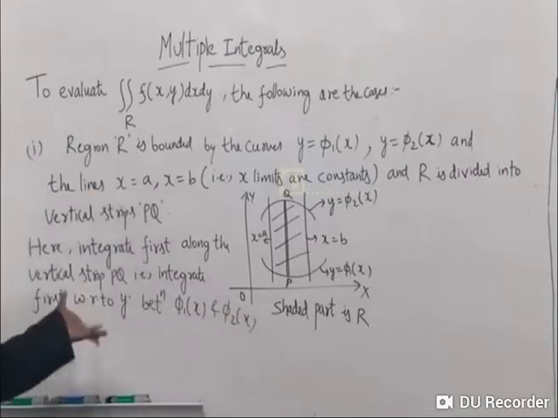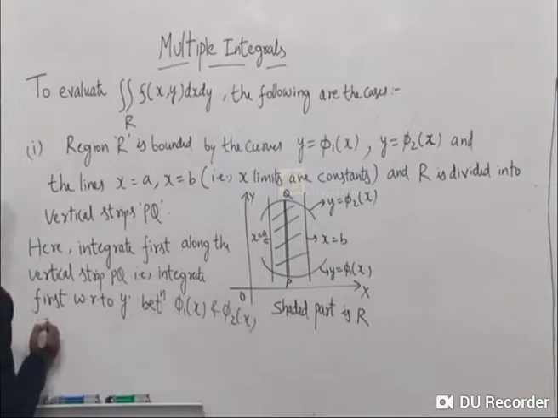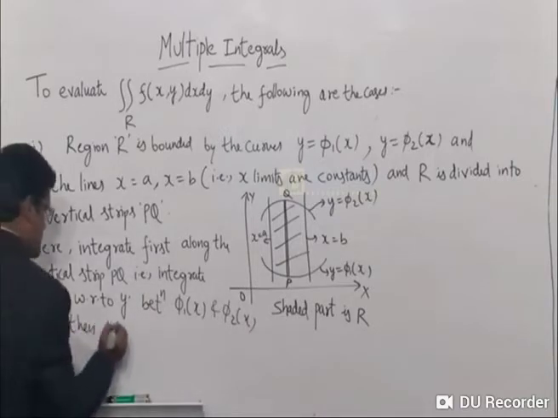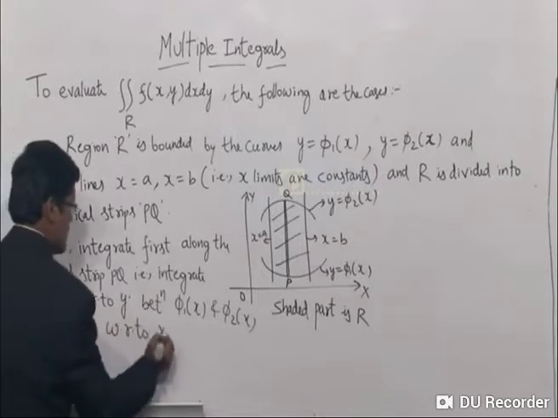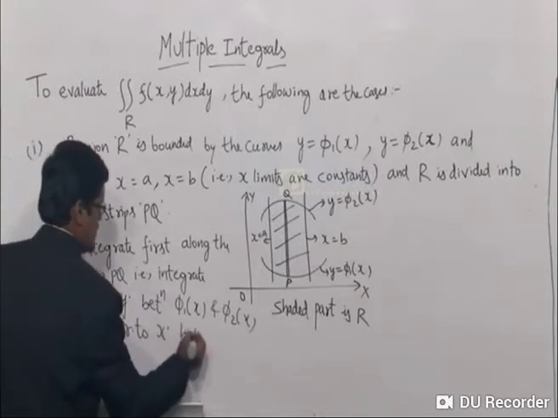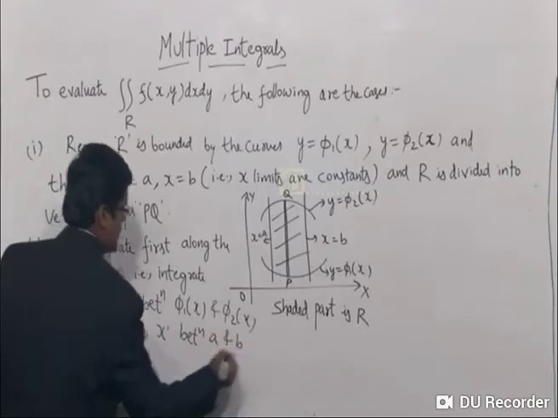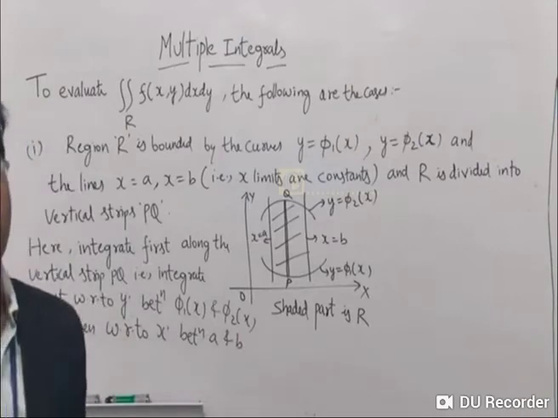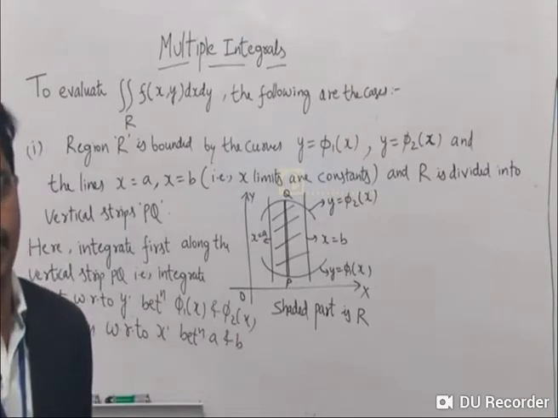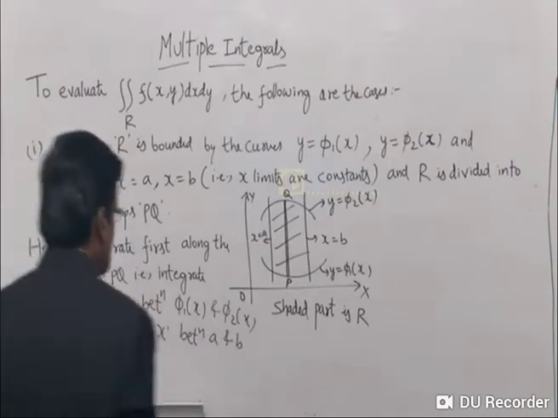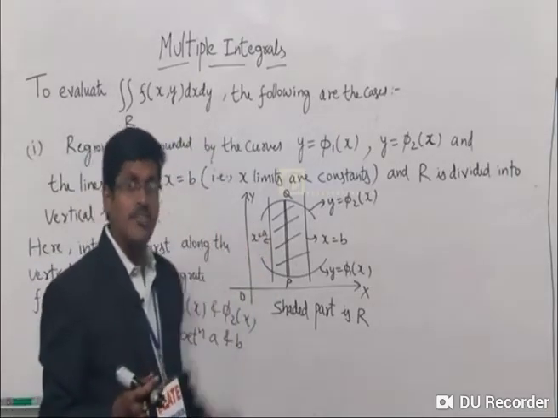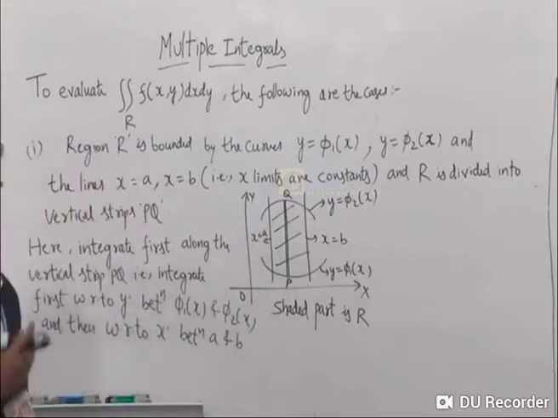This is the procedure for evaluating the integrals one by one. And then with respect to x between a and b: lower limit of x is a, upper limit of x is b, lower limit of y is phi 1 of x, upper limit of y is phi 2 of x. Sometimes without strips we cannot evaluate the double integrals. That will come in the next topic, change of order of integration. Okay, I have drawn that strip for understanding purposes only.